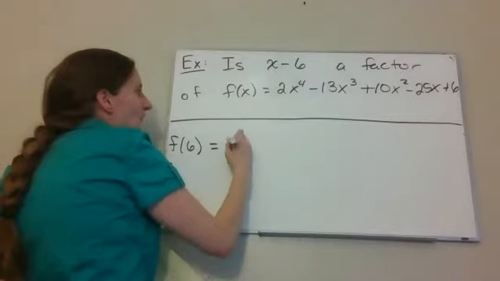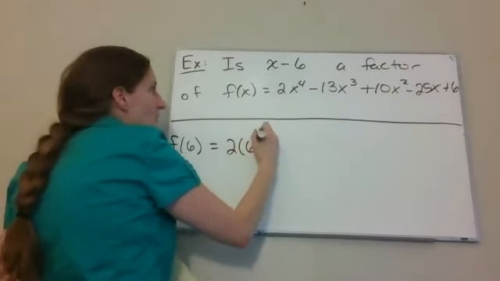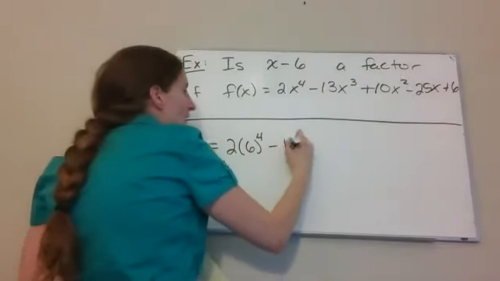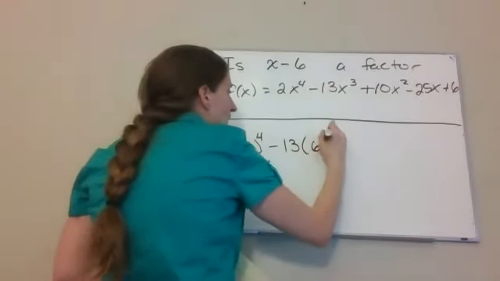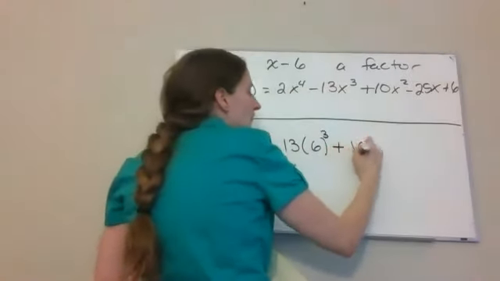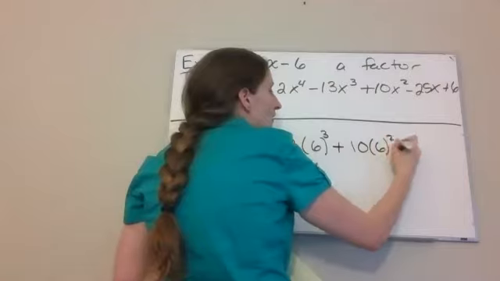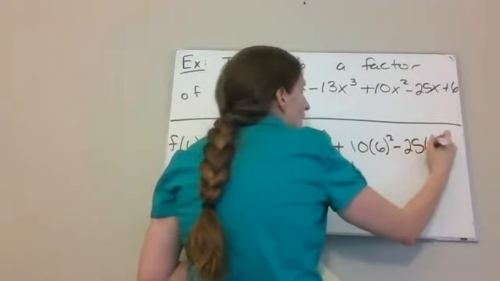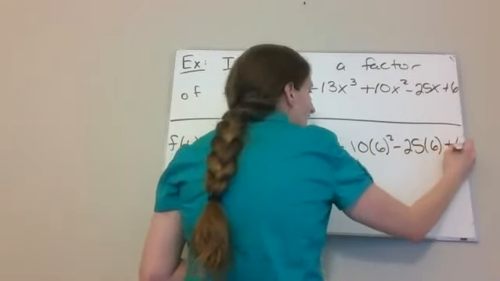So f of 6 is equal to 2 times 6 to the fourth minus 13 times 6 to the third plus 10 times 6 squared minus 25 times 6 plus 6.